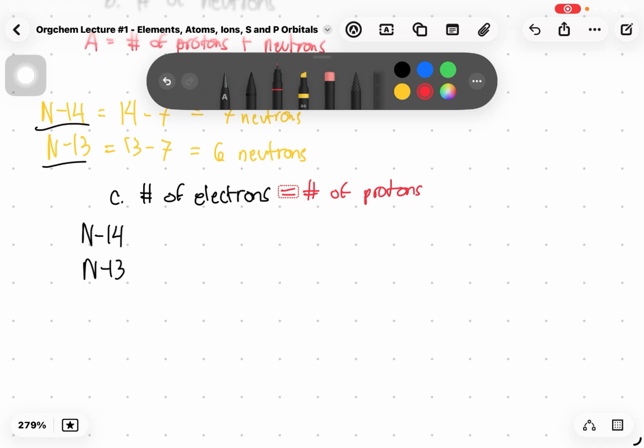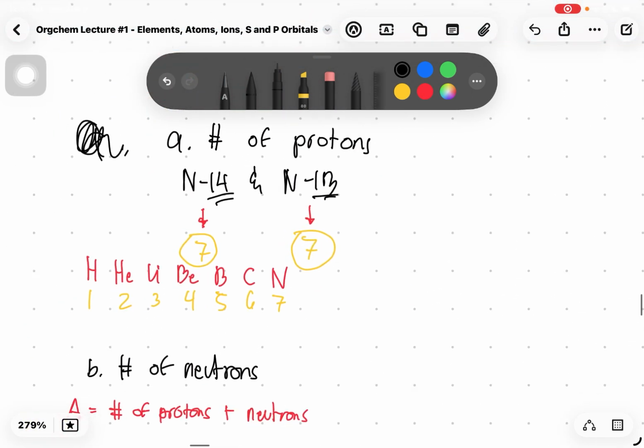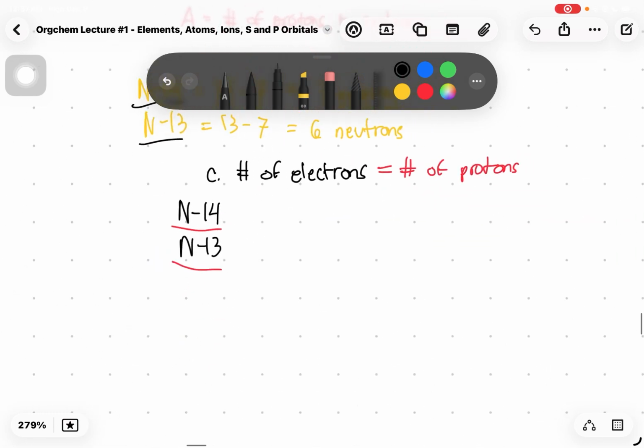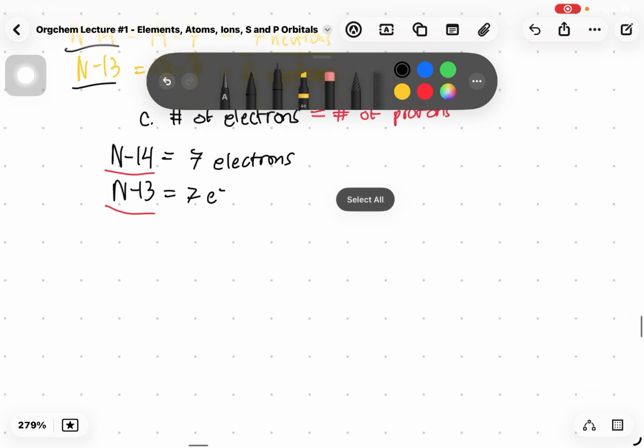And we know that both of them are neutral since there's no charge and they're not ions. So we just refer to our answers from the first question, and that's 7, meaning both of them have 7 electrons. And that's how you get the number of electrons.